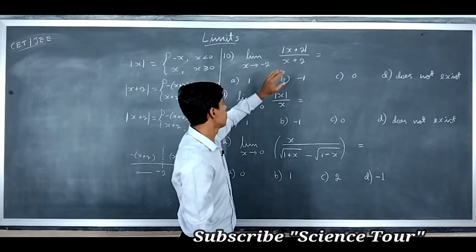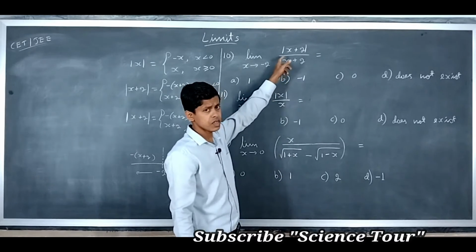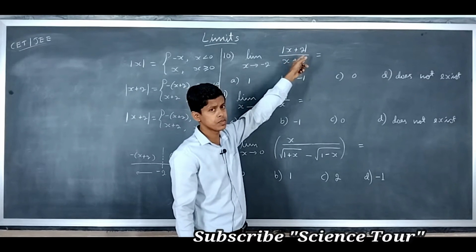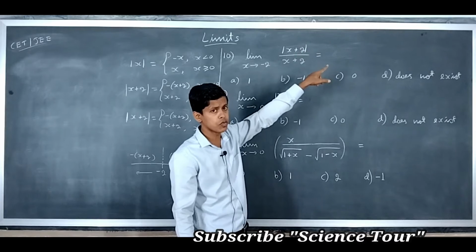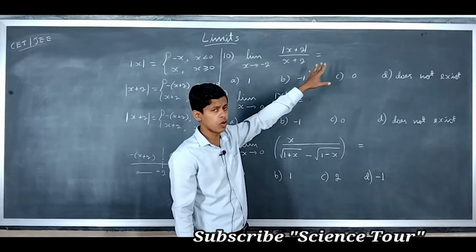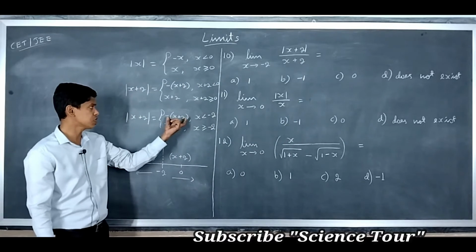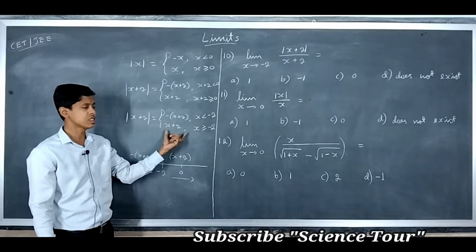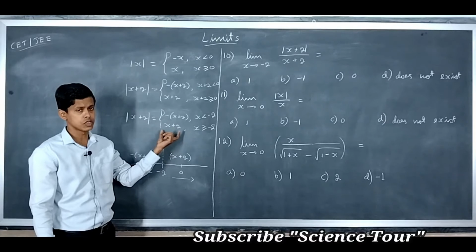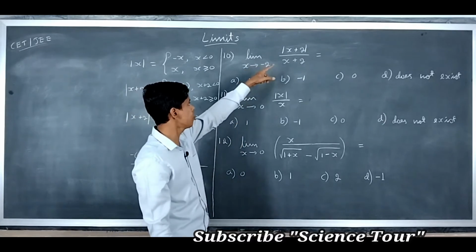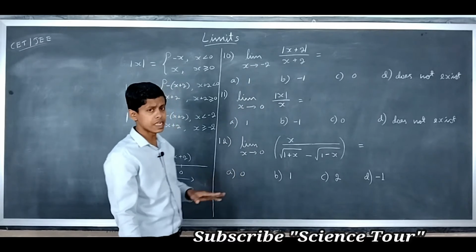Now, again, if you continue with modulus and then try to replace that mod with the appropriate formula, what are you going to replace it with, minus (x plus 2) or plus (x plus 2)? So there is a confusion. Correct? We are not finding the value of the function at minus 2.